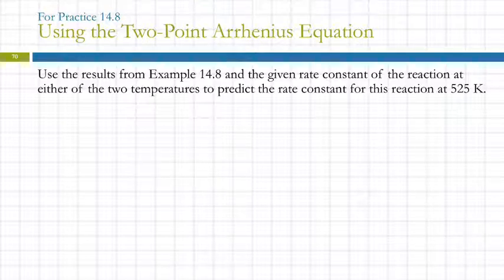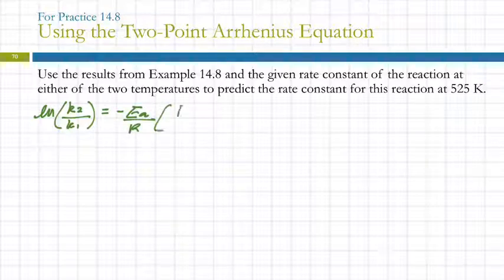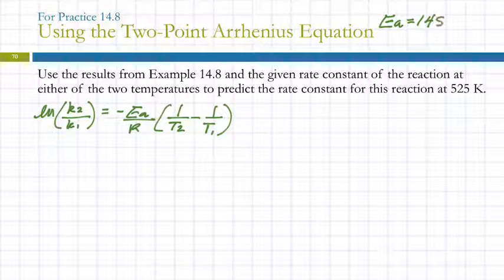So we're going to use the two-point form of the Arrhenius equation again. So natural log of K2 over K1 equals negative EA over R times 1 over T2 minus 1 over T1. And we determined that EA was equal to 145 kilojoules per mole.